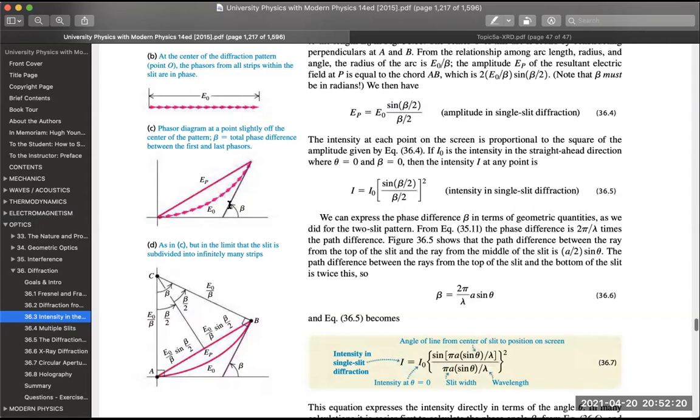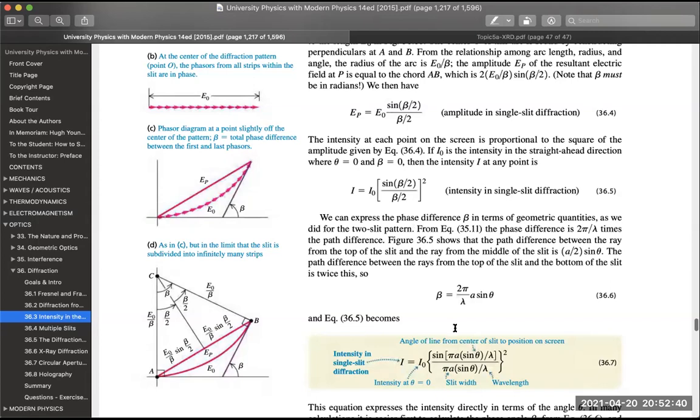Then we know the intensity. The intensity at each point on the screen is proportional to the square of the amplitude. And so we get E sub 0 squared, which is I sub 0, and then the square of this expression.